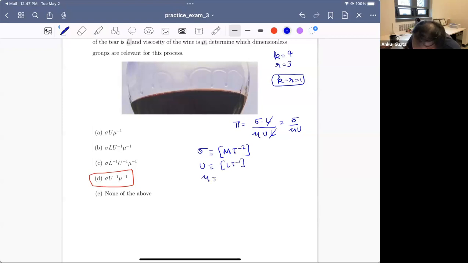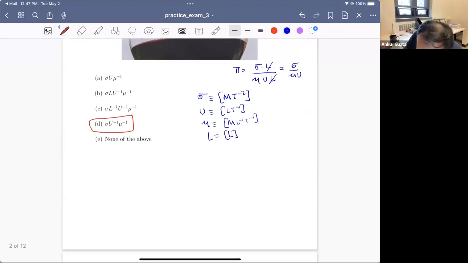Viscosity is mass length inverse time inverse. Hopefully these are second nature to you now. And length is L. Okay, so we'll do sigma, and because sigma is in the numerator in the options, we'll just go with that. So sigma into u raised to the power A, mu raised to the power B, L raised to the power C.